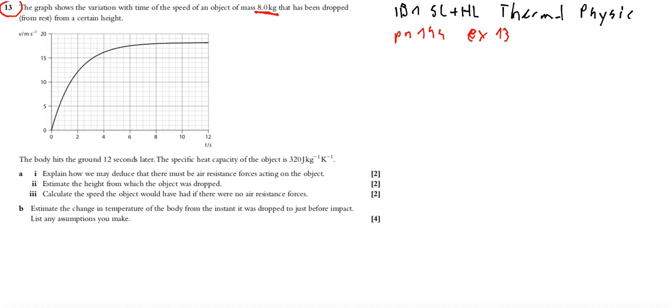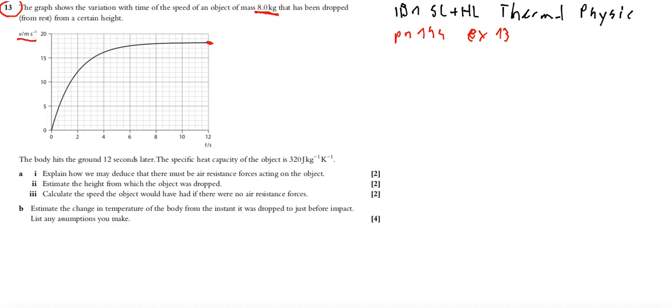So let's analyze the graph at the beginning. The speed on the vertical axis is given in meters per second. It starts at 0 and goes up to around 18 meters per second, and time is 12 seconds.